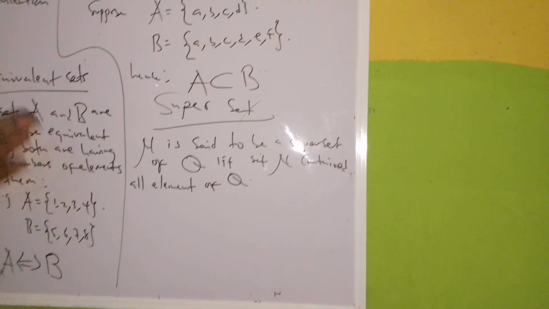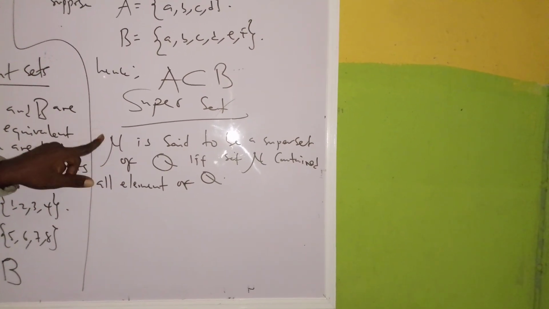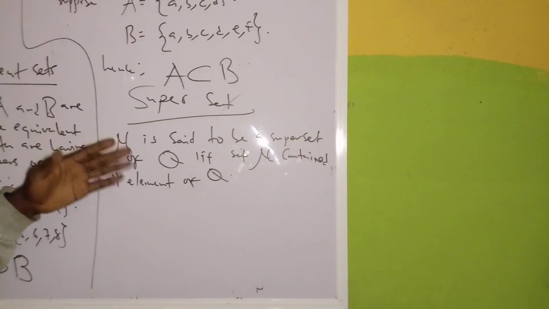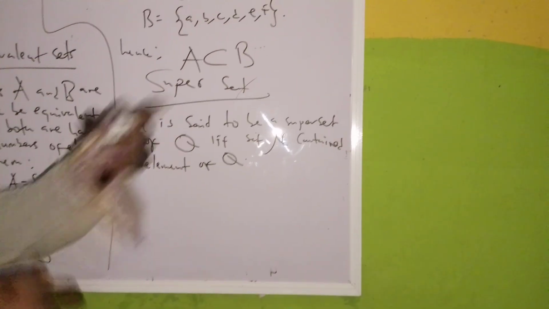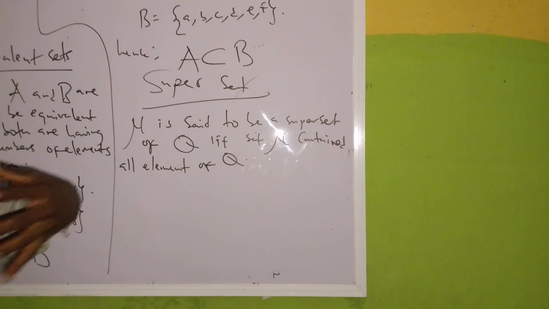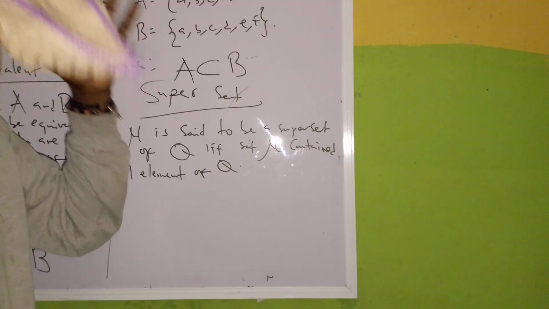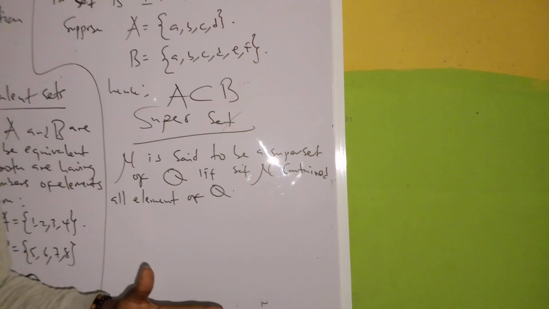But the words are different. If you say the elements of this one are all contained in this, it is a subset. But if you say this set contains all the elements that the other has, it is a superset. Say this is Mr. Musa, and this is Elite. Everything Mr. Musa has, I have, and even more.